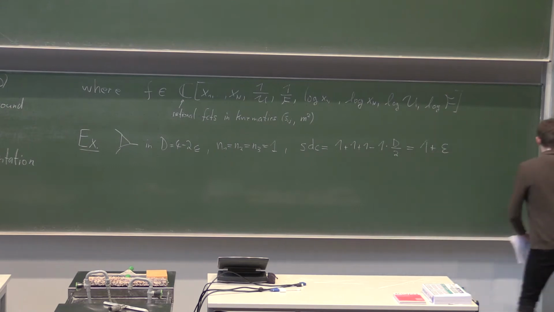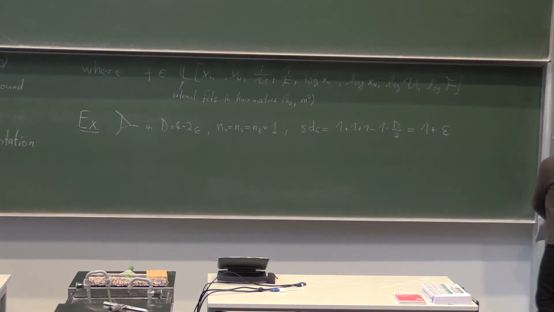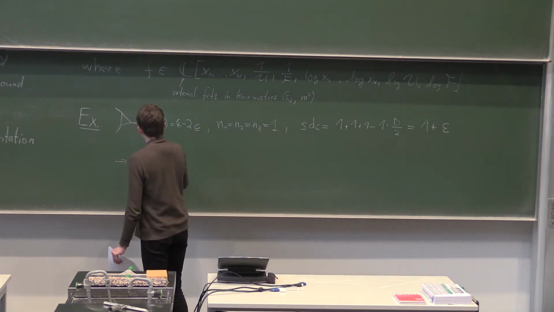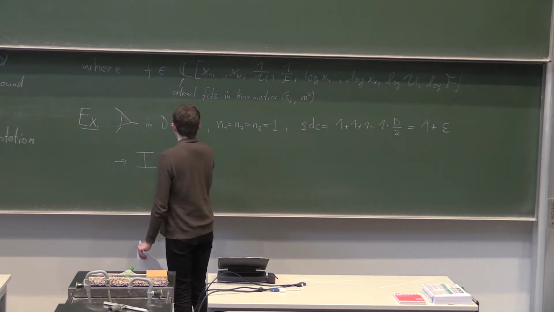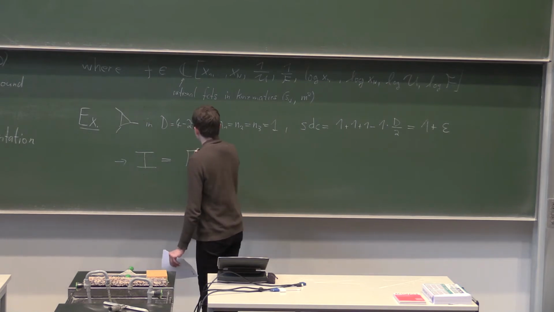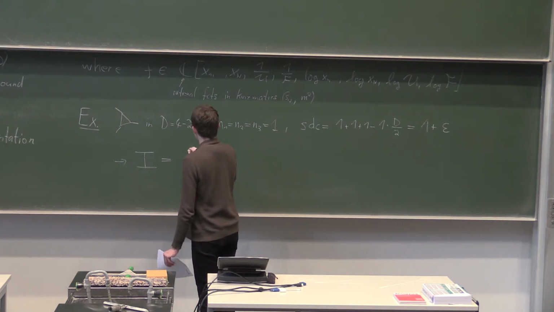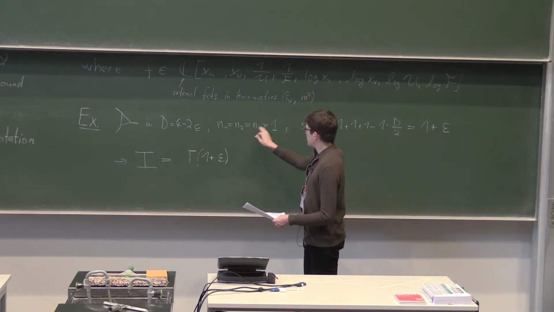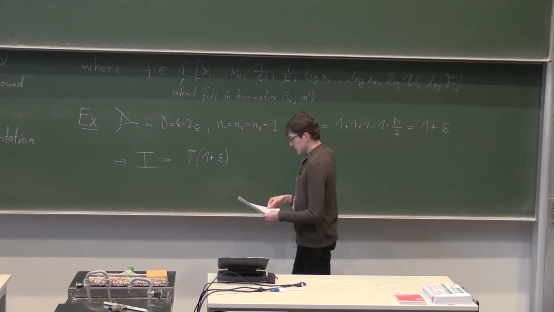So the parametric representation in this case, this integral of the triangle, has a gamma function prefactor of 1 plus epsilon. All the other gamma functions are just 1 because of this special choice.